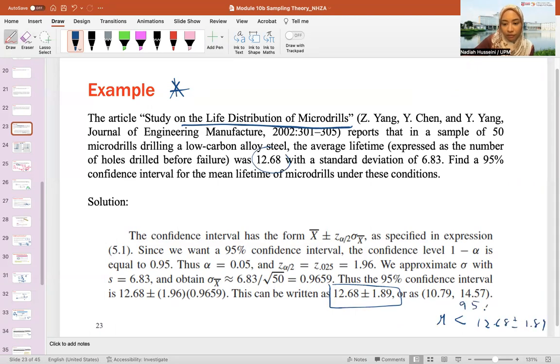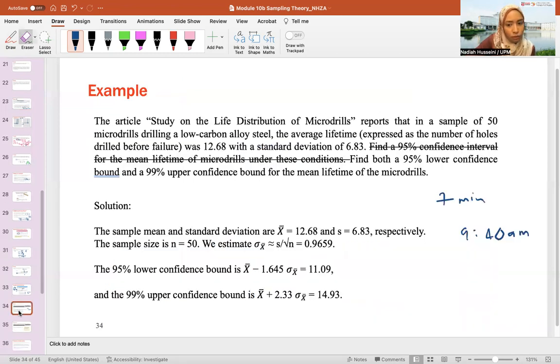We are 95% confident that the population mean is within this interval. Now we're going to use this same example and see how different it is. Of course it's going to be different because our Z alpha is different than the Z alpha over 2. So instead of Z alpha over 2, we use Z alpha, and for 95% that would be 1.645.